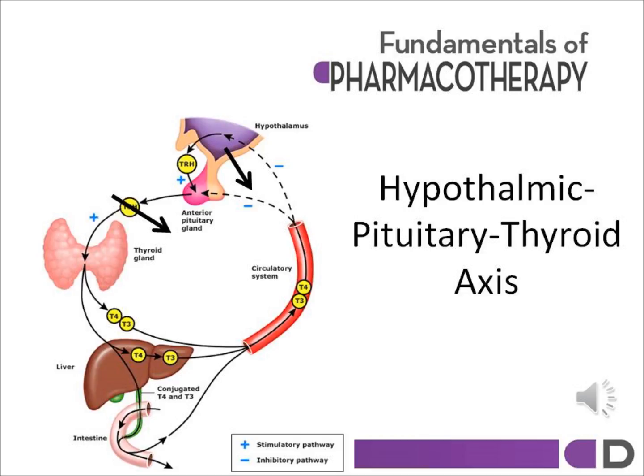So when there are sufficient levels of T3 and T4 in the body, they tell the hypothalamus and the pituitary gland to stop producing thyroid releasing and thyroid stimulating hormone so that no more T3 and T4 are produced, or at least lower levels are produced. When these levels start to drop, then there is less T3 and T4 there to inhibit the release, so the hypothalamus and the pituitary gland start to release the hormones and start the process again.